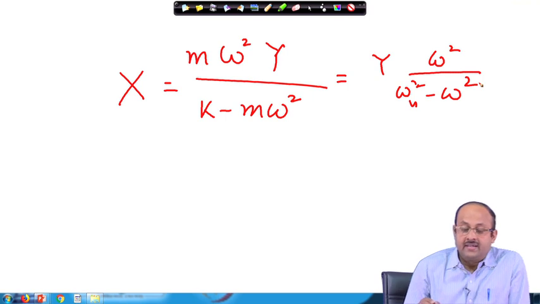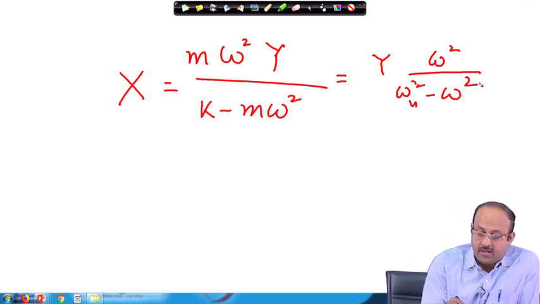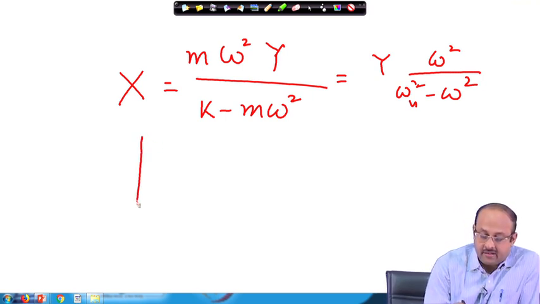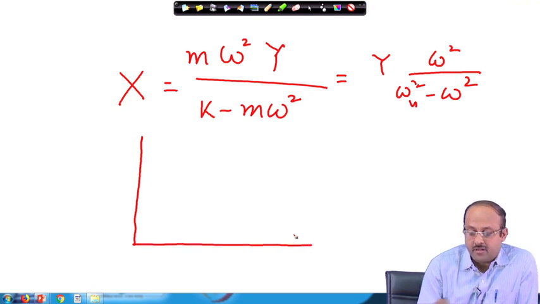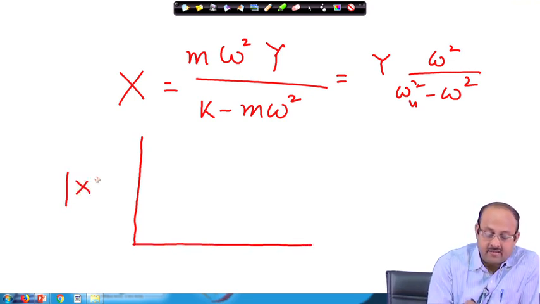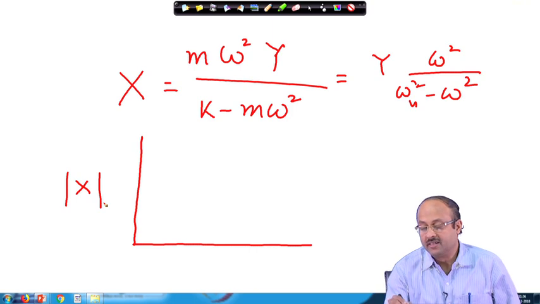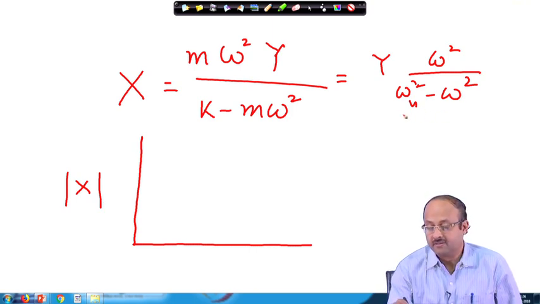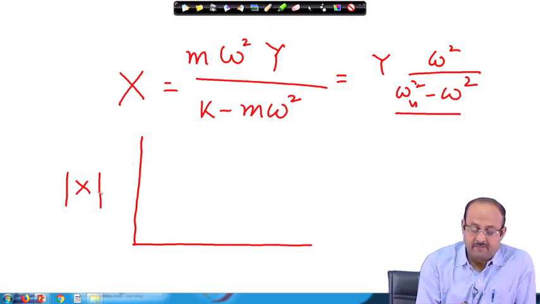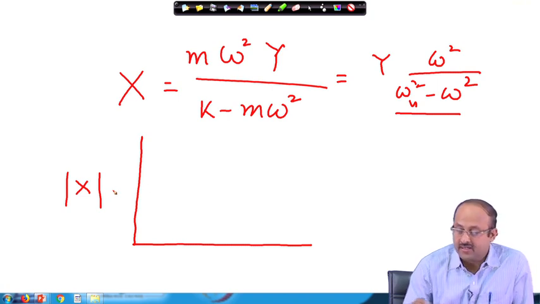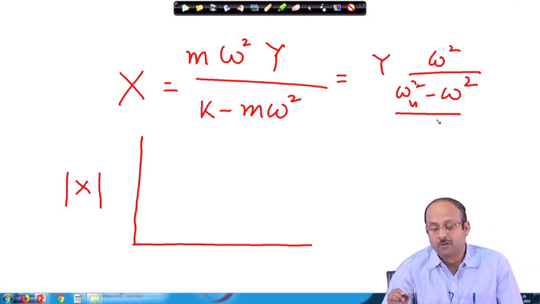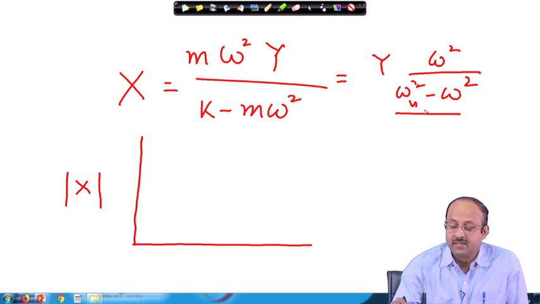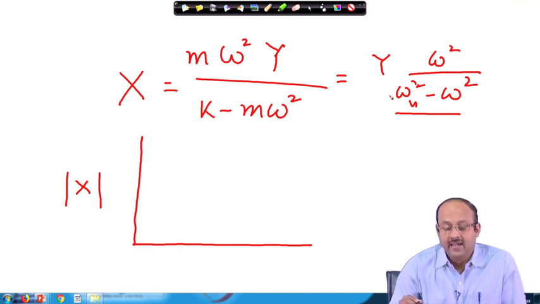Now you see that X will behave something like this. If you plot mod X, there is a possibility that the denominator here becomes negative, so in order to avoid that, we consider only the modulus. When it is negative, it is actually out of phase motion, and when it is positive, then y and x are in phase motion.